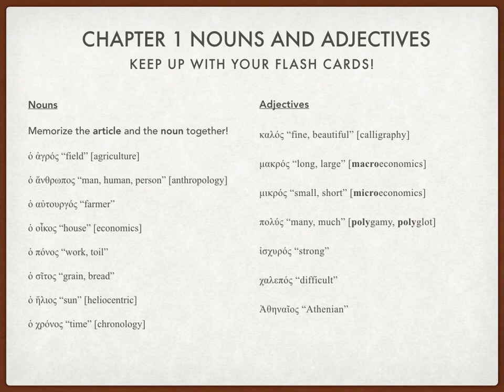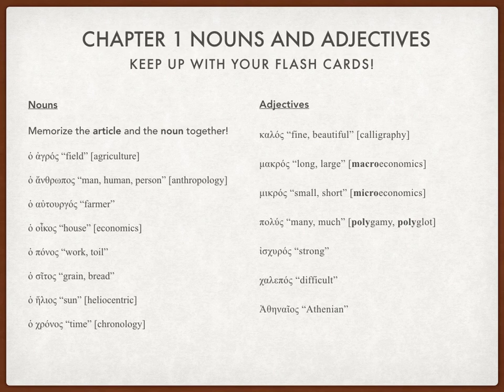Ho autourgos, that one's tricky. There's a couple diphthongs in there. At the very beginning, you'd see au with a smooth breathing, means I'm not going to add an H sound to it, but rather keep it smooth. So ho au, and remember omicron and upsilon is just like soup in English. So autourgos, autourgos is a farmer.